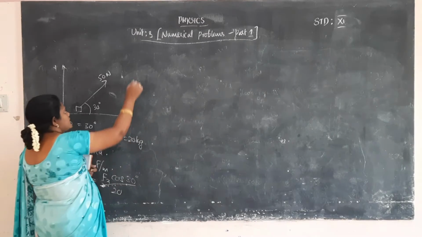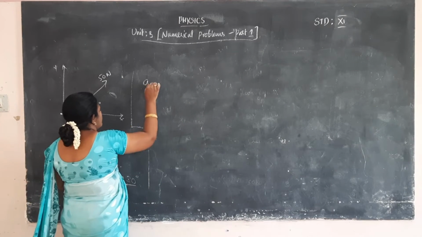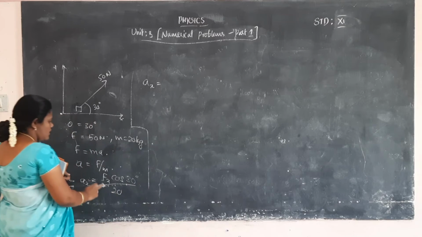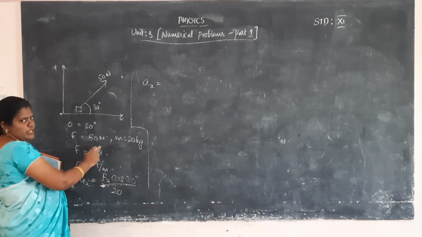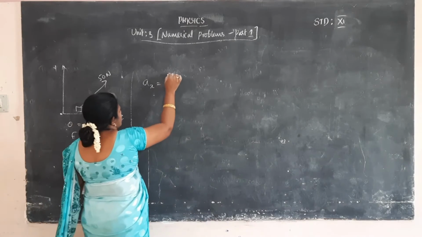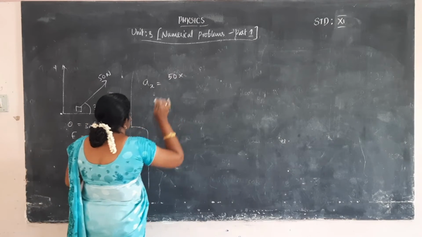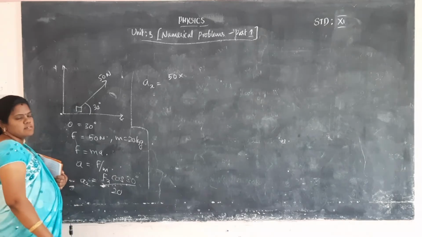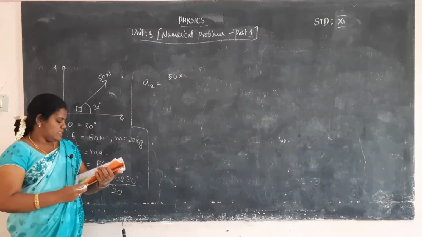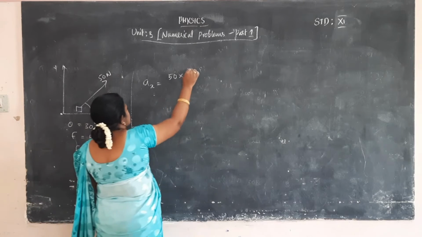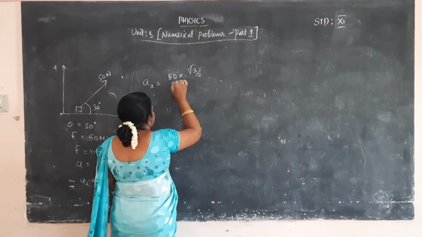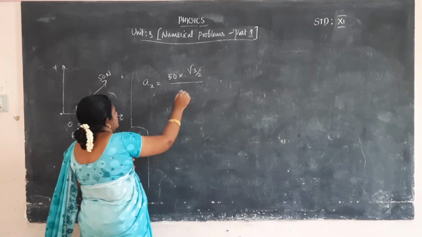So ax is equal to Fx by m. What is the Fx value? That is 50 Newton, so 50 cos 30. What is the cos 30 value? That is root 3 by 2. So 50 cos 30, that is root 3 by 2, divided by 20.